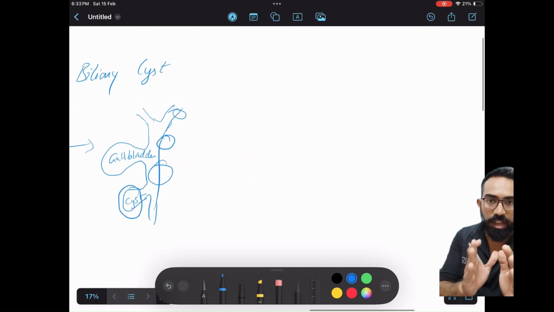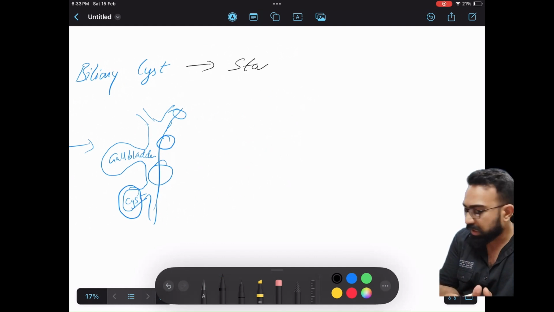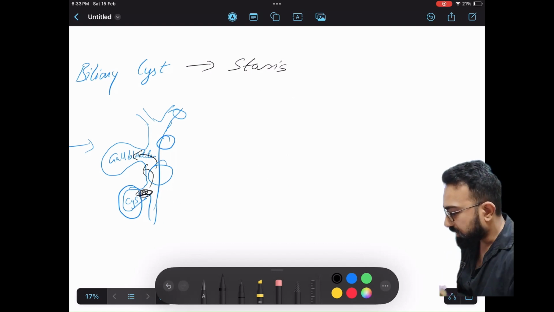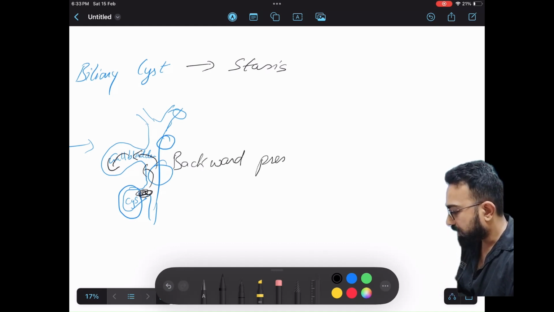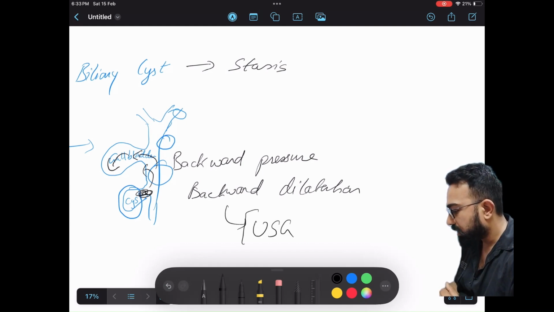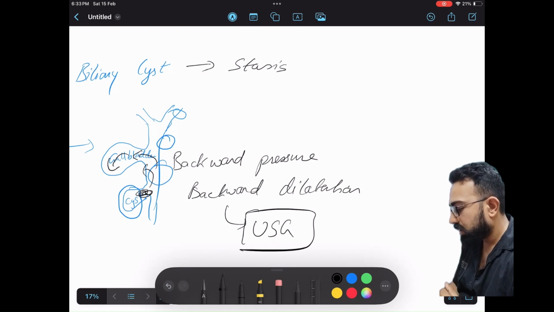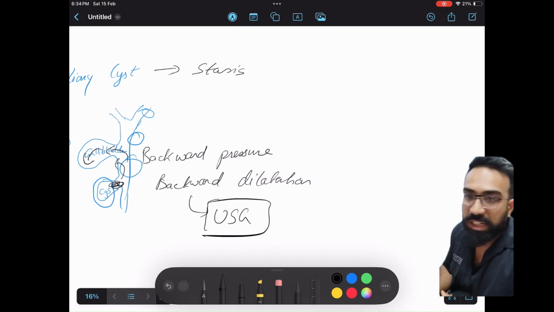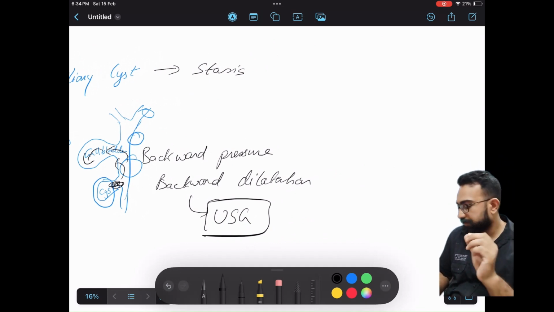There are 6, 7, 8 types, but instead of mugging all the types, I want you to remember what this cyst does: it causes stasis of the bile, and because there is stasis here, there is backward pressure and backward dilatation. Because of this backward dilatation, you can visualize a dilated biliary tree on the ultrasound.